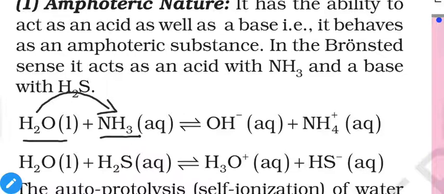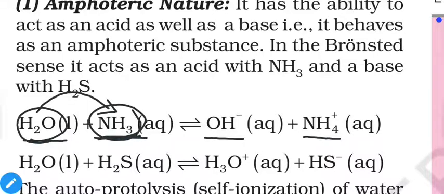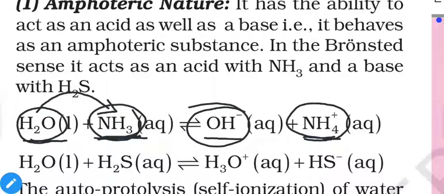So NH3 will accept H+. So if we remove H+ from H2O, what is left is OH-, and when NH3 accepts H+, you will get NH4+. So that means when we dissolve ammonia gas into water, you will get NH4OH, ammonium hydroxide.